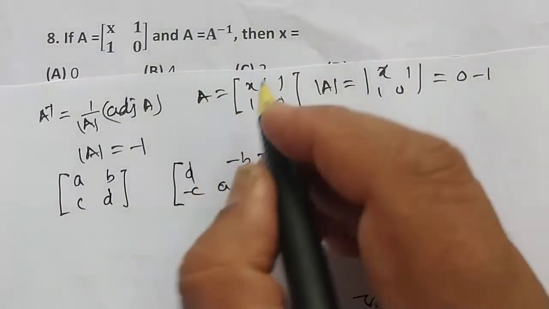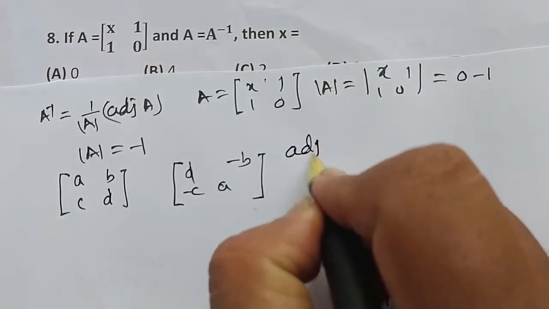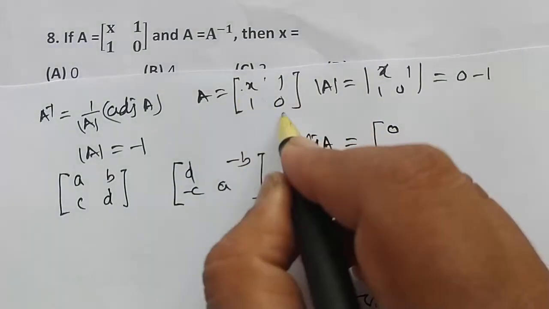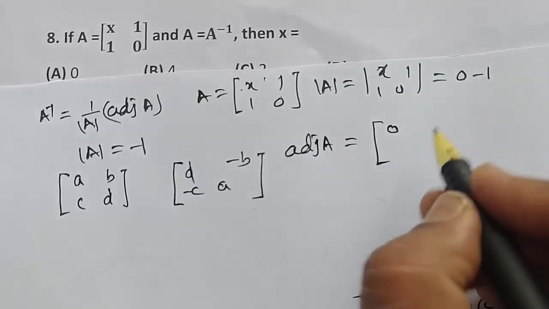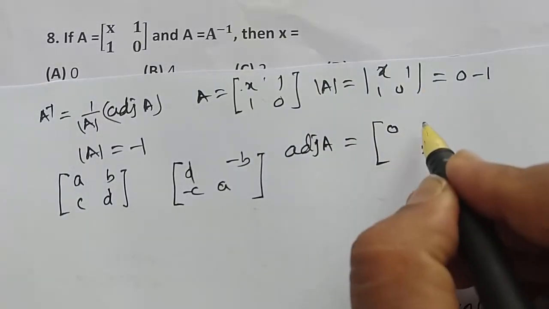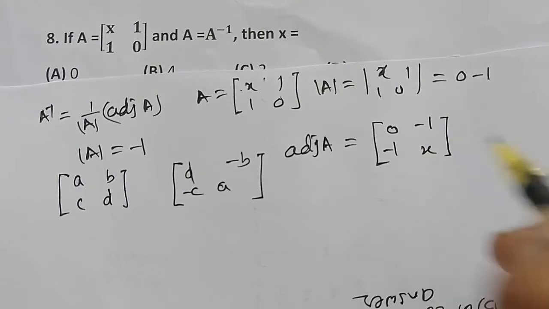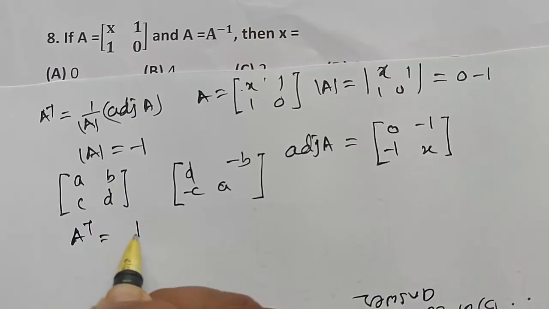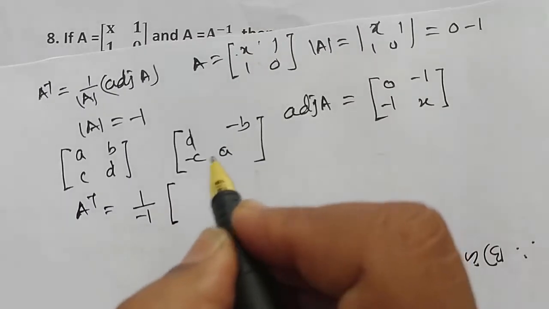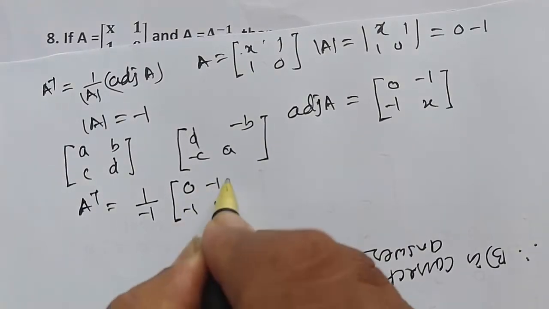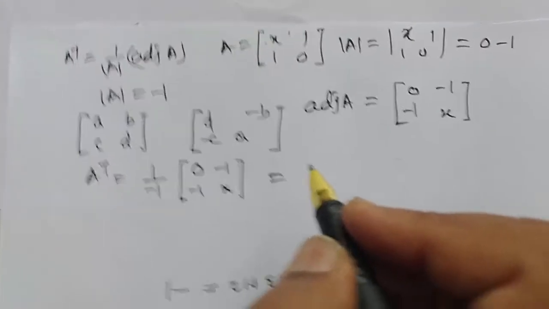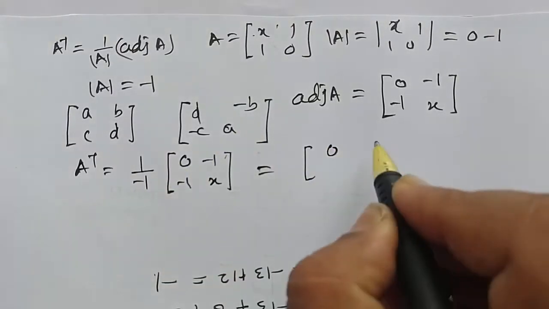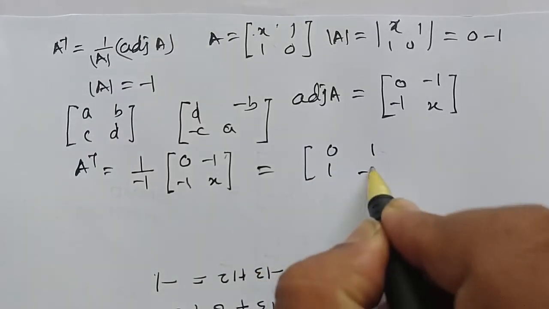So adjoint of the given matrix A is equal to interchanging the diagonal elements, that is 0, x, and changing the sign of the non-diagonal elements. So this is adjoint of A. So A inverse is equal to 1 upon minus 1 into adjoint of A, that is [0 -1; -1 x]. So this is equal to minus 1 into this. So this is [0 1; 1 -x].